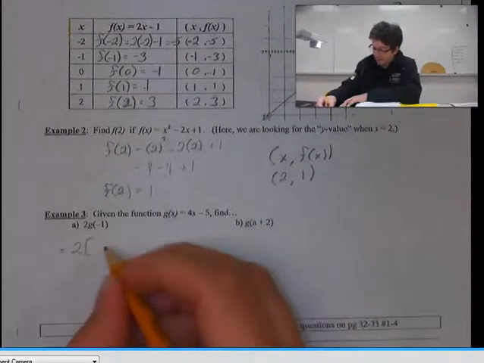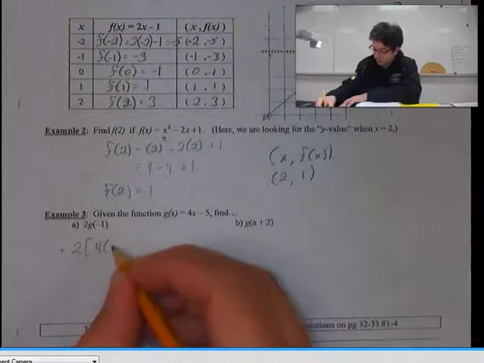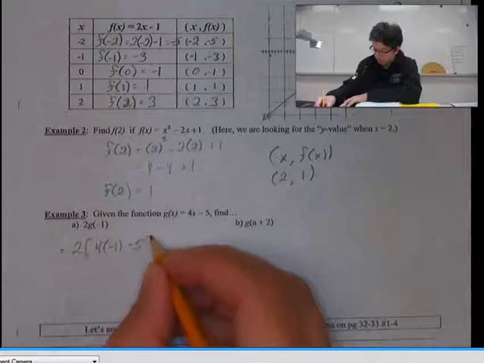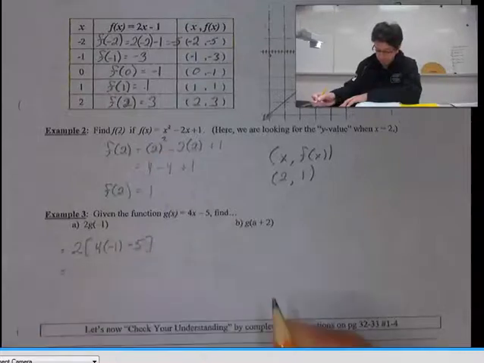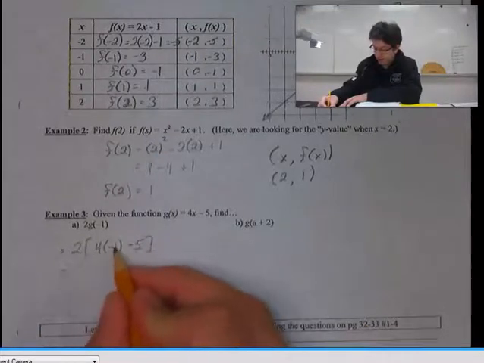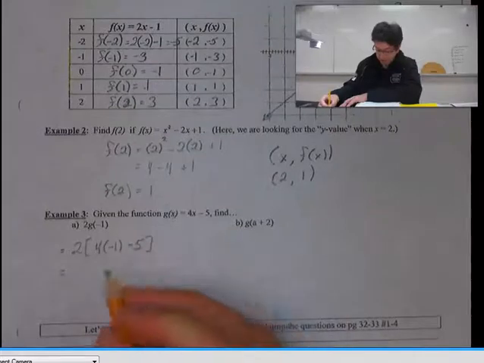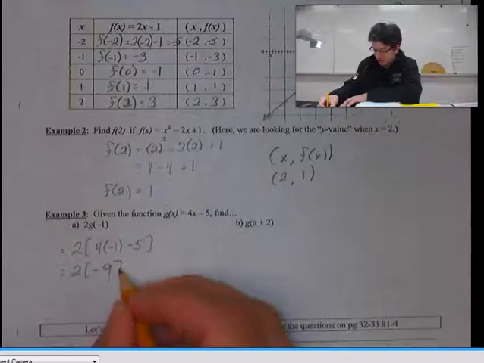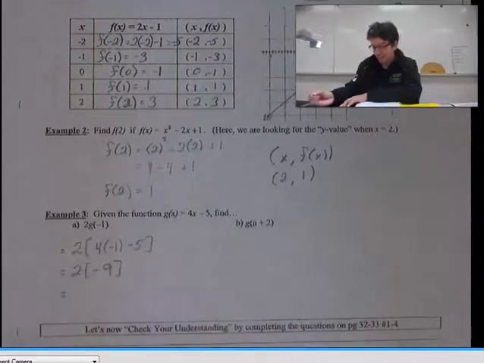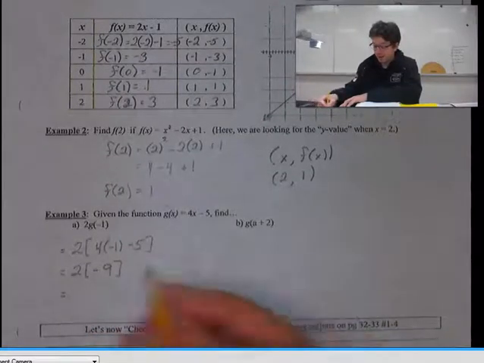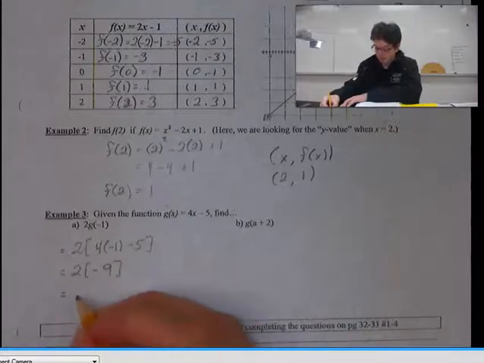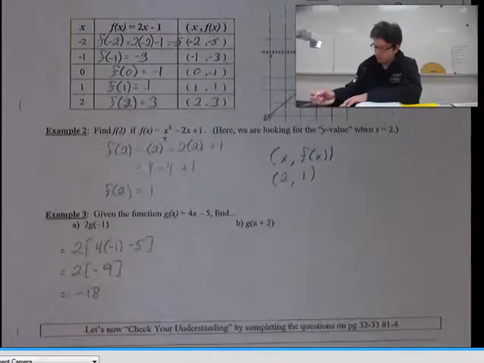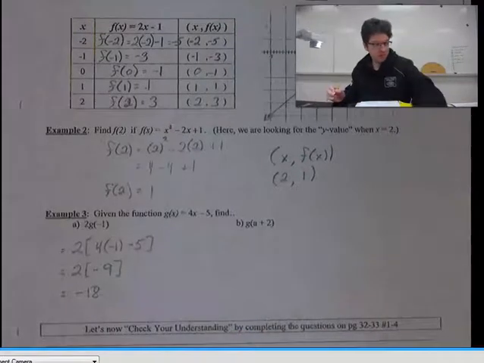So it's 4x, but we'll write minus 1, and then subtract 5. Well that's minus 4. And minus 4 minus 5 is minus 9. Notice we're still leaving that 2 out there. We're going to deal with that last. So now we can do 2 times minus 9, which is minus 18. Let me just quickly pause.